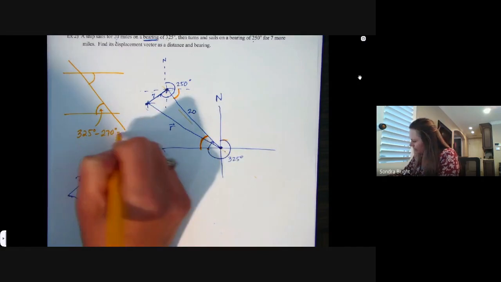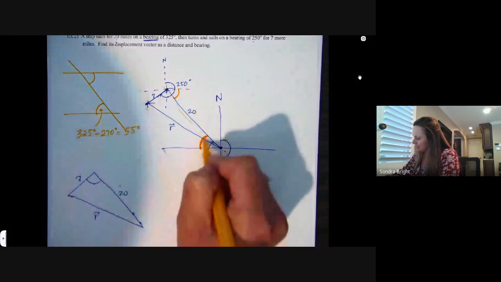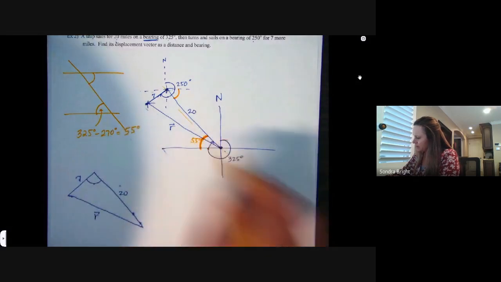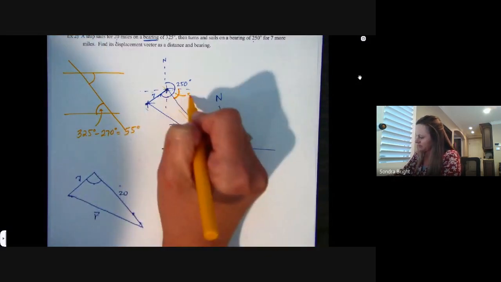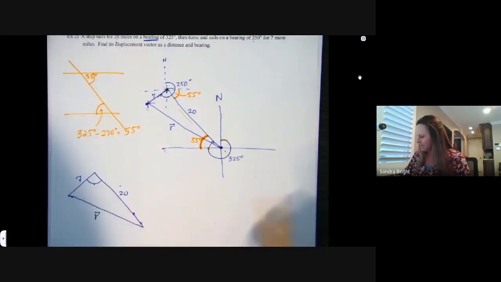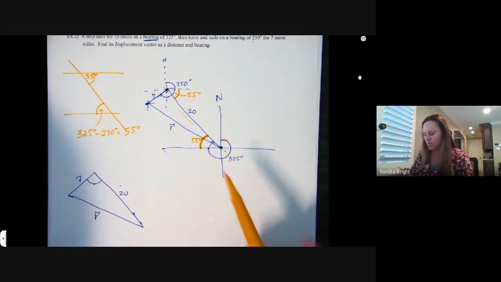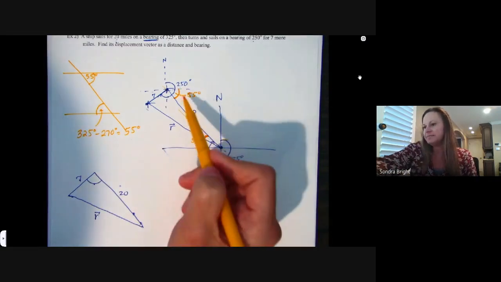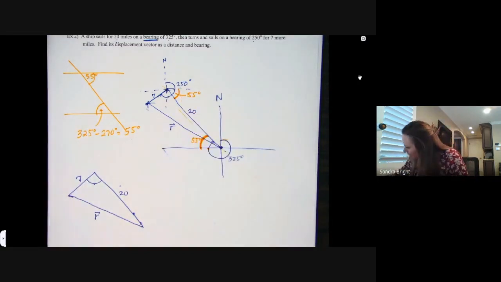So this angle here is 55 degrees, which also means that this angle right here is also 55 degrees. And so if this guy is 55 degrees and I want this angle in between here.